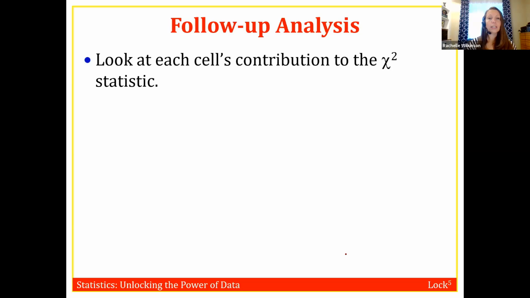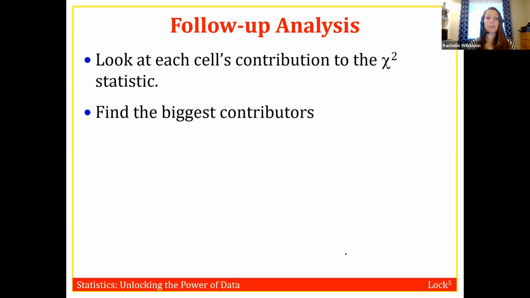First, we're going to look at each cell's contribution to the chi-square statistic. That was the part that we highlighted before, each of those, in this case, 6 numbers that we added together. We're going to find the biggest ones, because the bigger your chi-square statistic, the smaller your p-value, the more evidence you have.